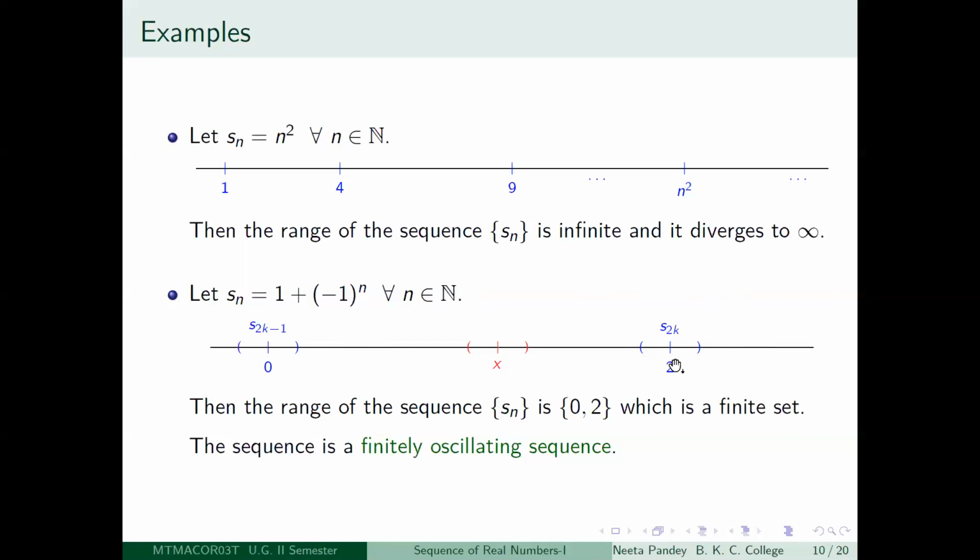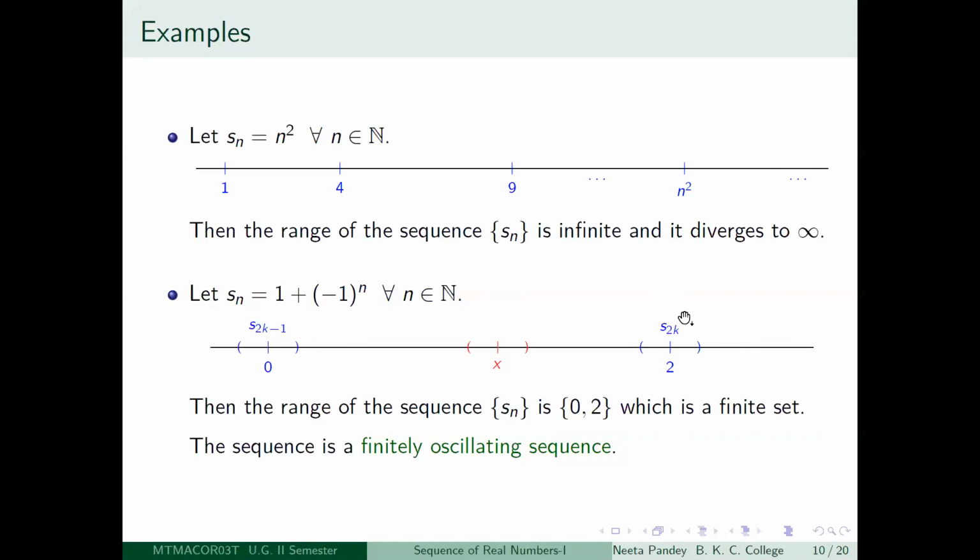Similarly for 2, take any neighborhood like this of the number 2 which does not contain 0, right? So in that neighborhood you will have infinitely many terms of the sequence, but again you will not be able to get a capital N positive integer, so that every term of the sequence after the capital Nth term lies in it, because every term which is indexed by an odd positive integer is going outside the neighborhood.